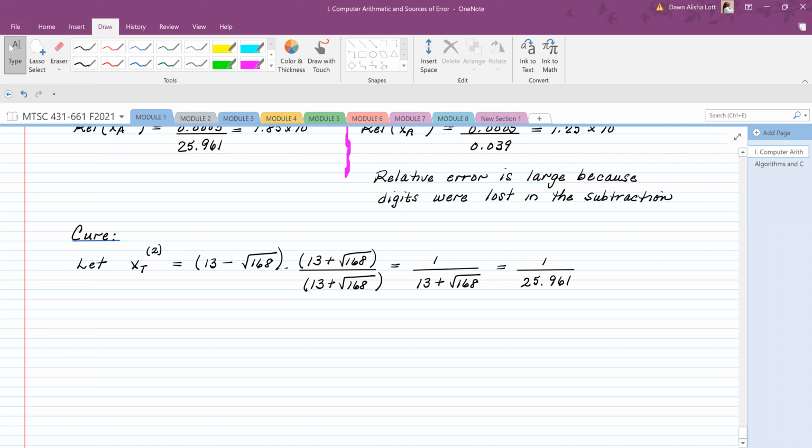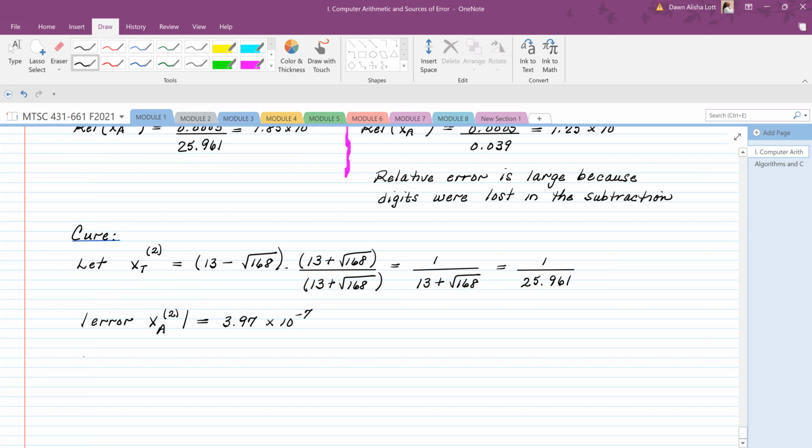So now when we do the relative error in the second approximation, well, the absolute value of the error in the approximation to the second root, we're now going to get 3.97 times 10 to the negative 7.